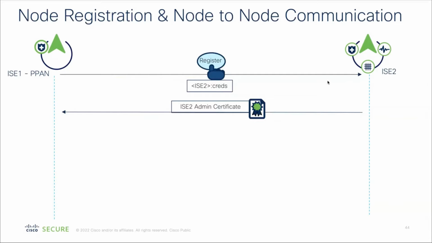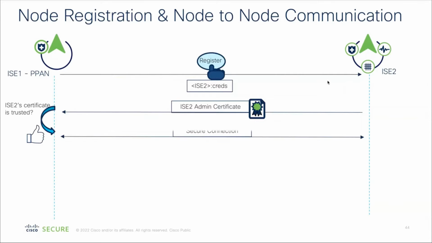Upon receiving that certificate, the PPAN has to validate it. It could be a default self-signed certificate, it could be a certificate signed by a certificate authority, or the certificate authority might even be a well-known CA. In any case, ISE1, that means the PPAN, has to trust that certificate.